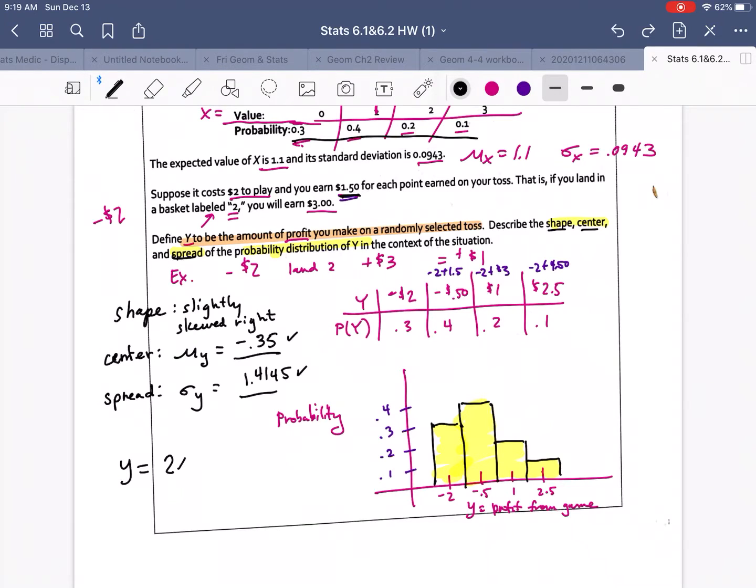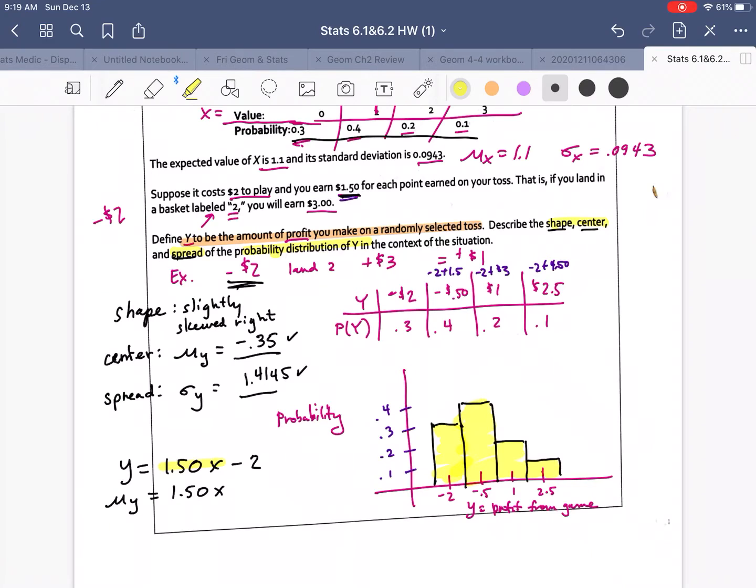And so I could have done this faster by saying, well, whatever y is just $1.50 times x. Well, the same would have been true for mu. So if we take mu and take $1.50 times x, right? But then remember, I also had this $2. So it was take away $2.